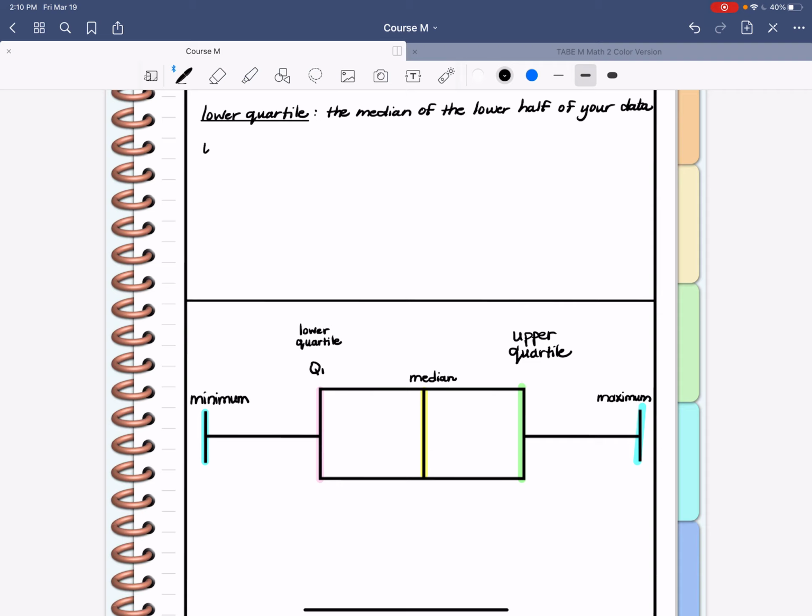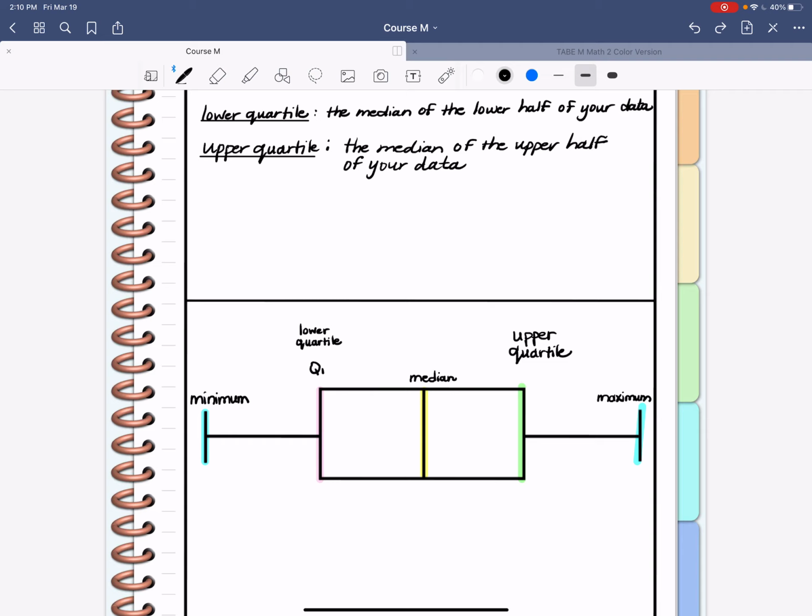The upper quartile is the median of the upper half of your data. Okay.